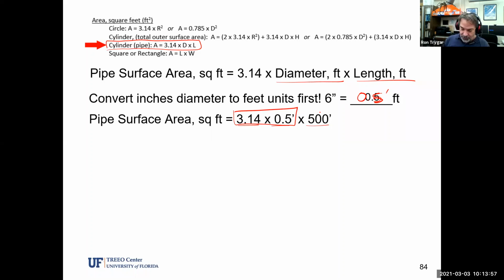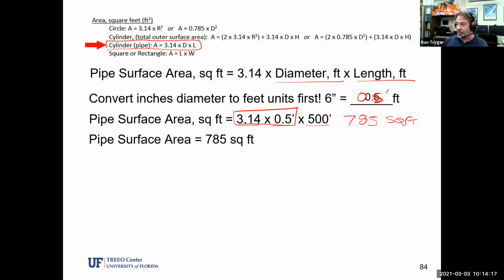So 3.14 times 0.5 times 500 feet length, and I'm getting 785 square feet for pipe surface area. There we go. So sounds like we're matching up pretty good so far. 785 square feet. That's the outside of the pipe that has to be painted.